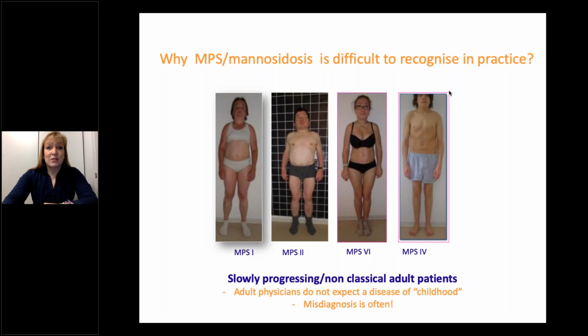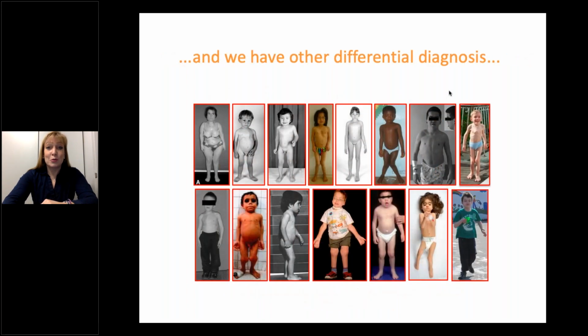And if these patients are actually adults, it is extremely difficult to make any diagnosis, because then they are not under the care of pediatricians anymore, and adult physicians are not that much aware of these diseases of childhood, genetic diseases, inborn errors of metabolism. So at this point, these patients often have a misdiagnosis. So it is important that you as a pediatrician diagnose this patient as early as possible.